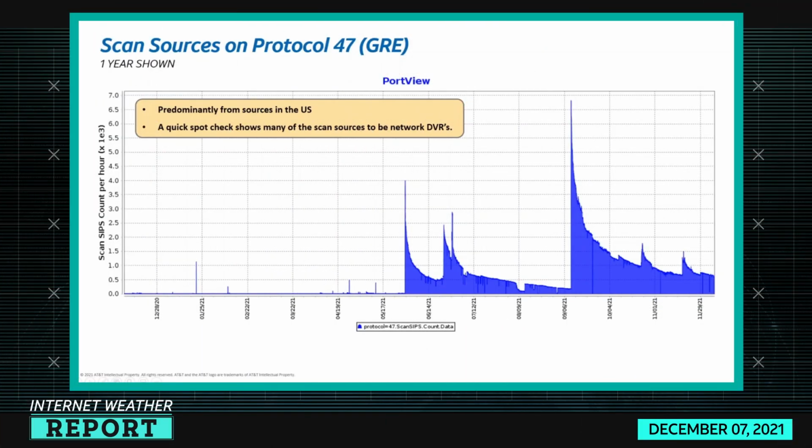So GRE, we've been seeing this since probably the middle of the year roughly, this increase in scanning activity that I don't really have a good explanation for yet. But we're seeing a large number of scan sources, probably around 4,000, upwards of 7,000 scan sources per hour.